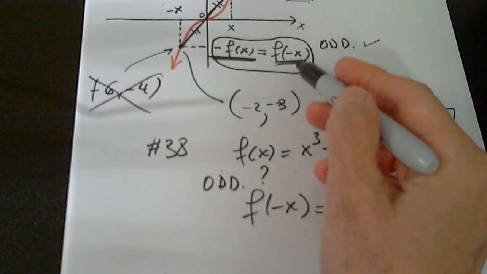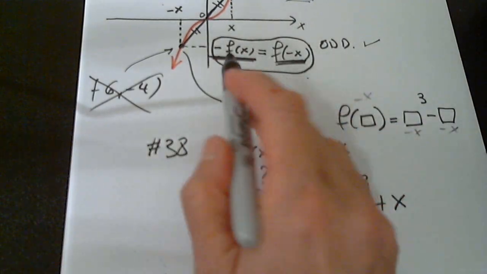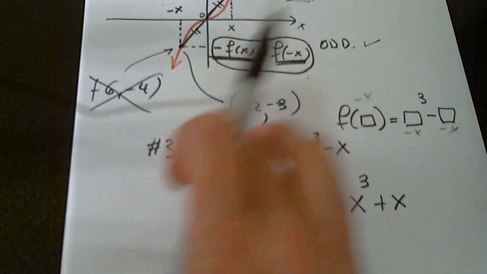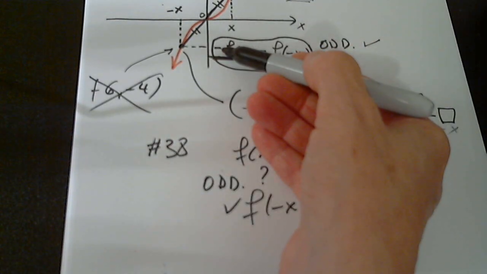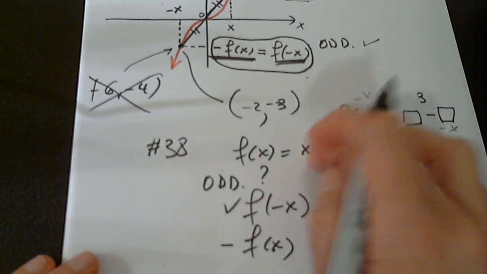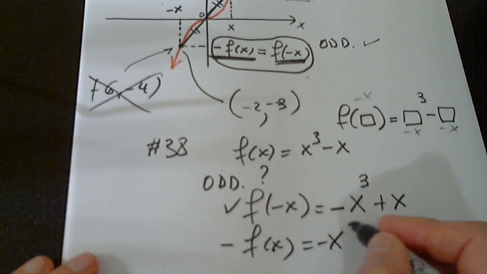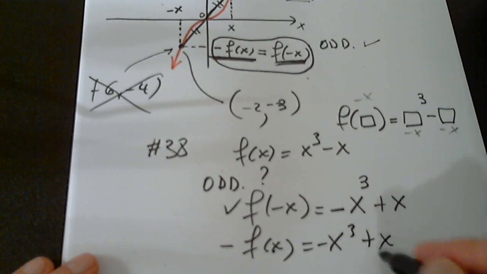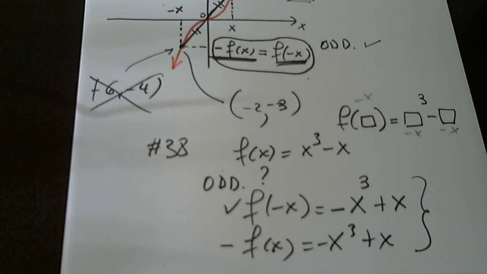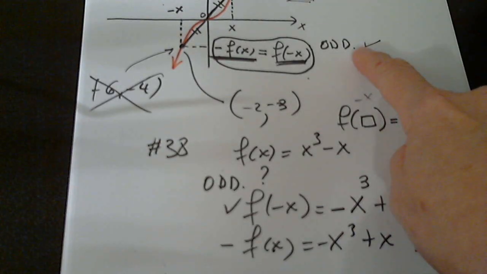So I determine this piece, and now I want to determine negative f of x. No problem. All I have to do is multiply both sides by negative 1. So negative f of x is this times negative 1. If these two quantities are equal, I will say the function is odd.